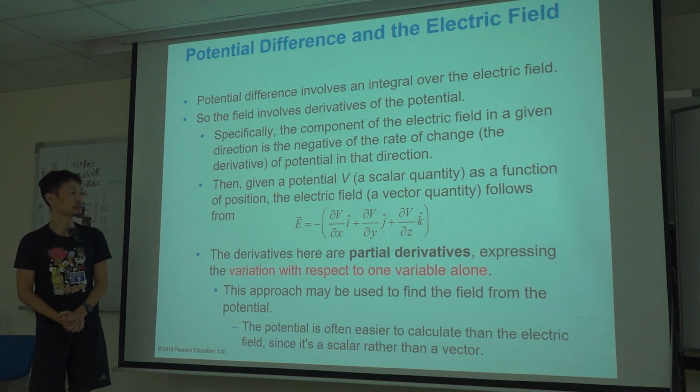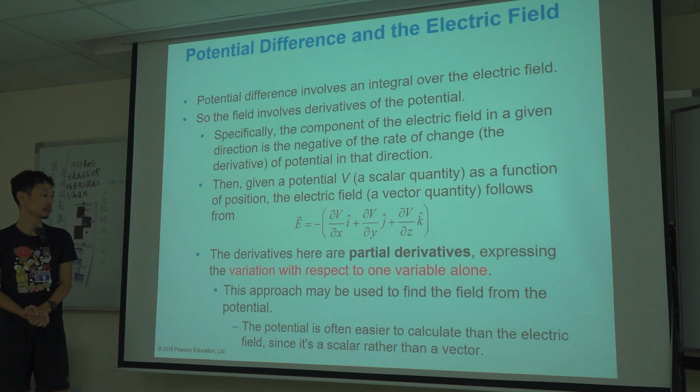This approach may be used to find the field from the potential. The potential is often easier to calculate than the electric field since it's a scalar rather than a vector.